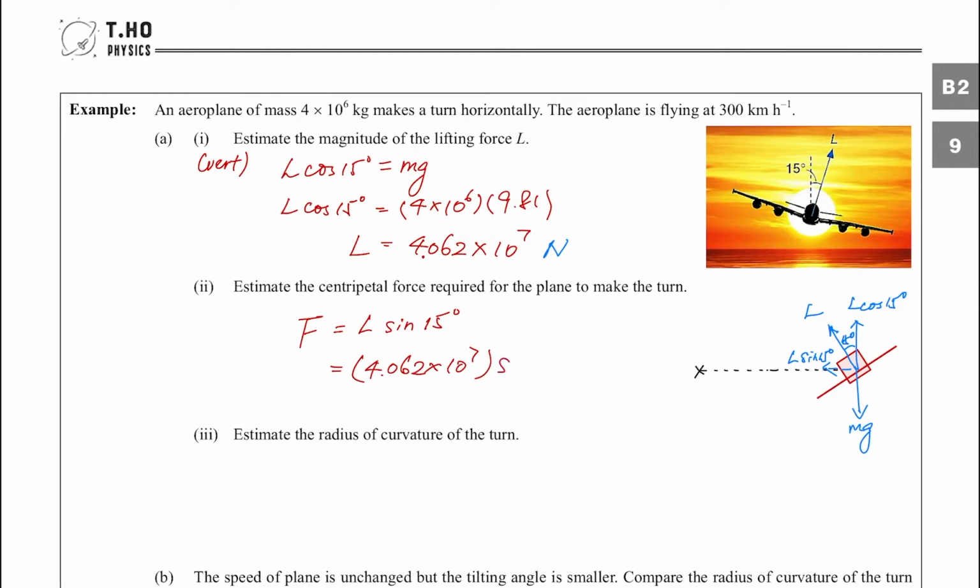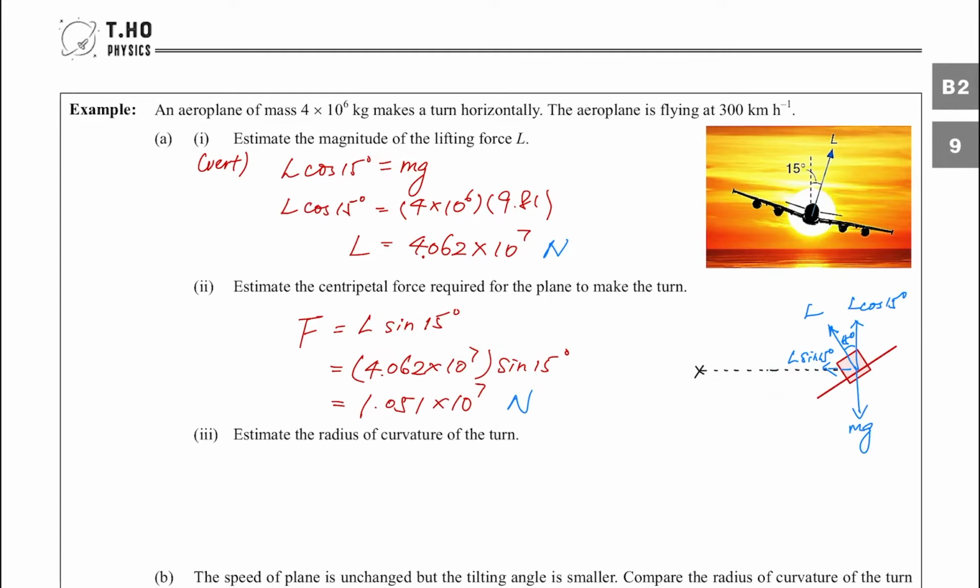Now we already know L, so put in the numbers, times sine 15. And so we have 1.051 times 10 to the power 7. Again, we are talking about force, so the unit is N.